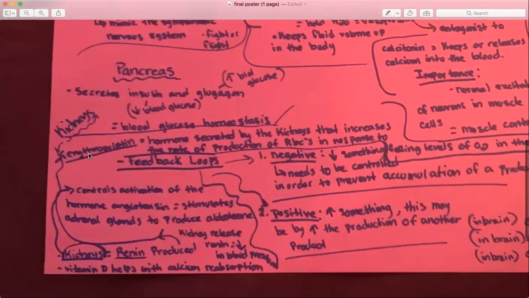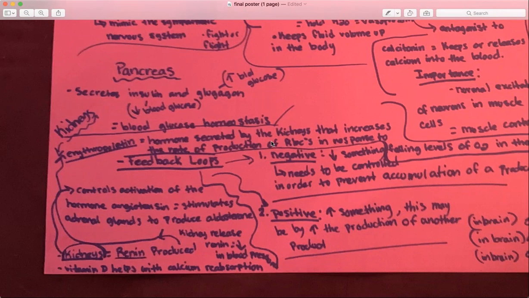And I did add kidneys on here because it does release certain hormones, one of my favorite ones being erythropoietin, which is a hormone secreted by the kidneys that increases the rate of production of red blood cells in response to a low count of red blood cells.